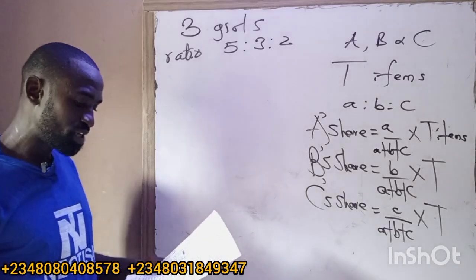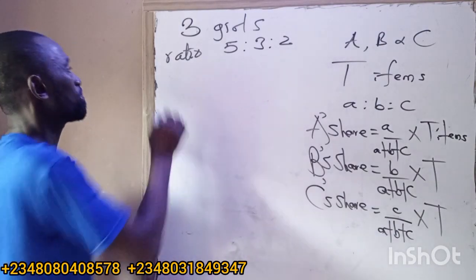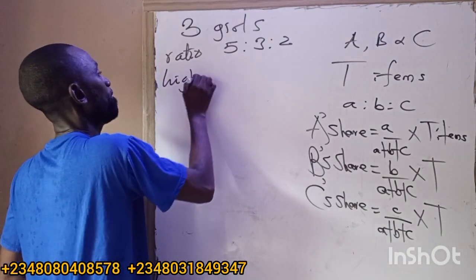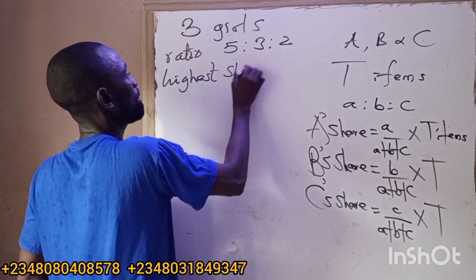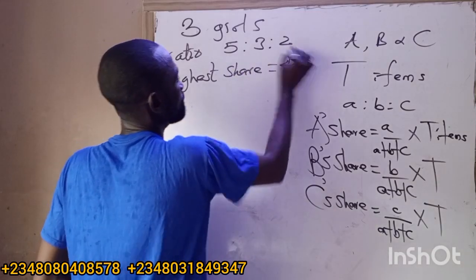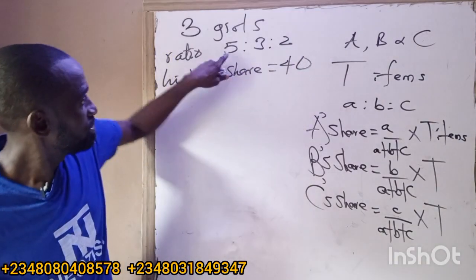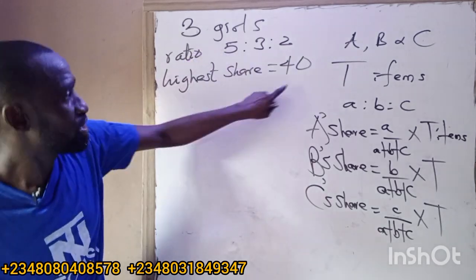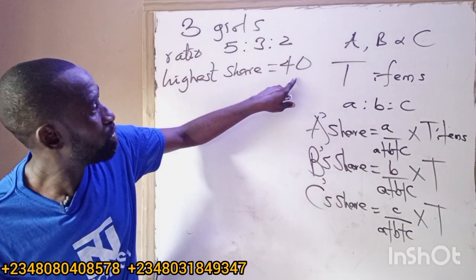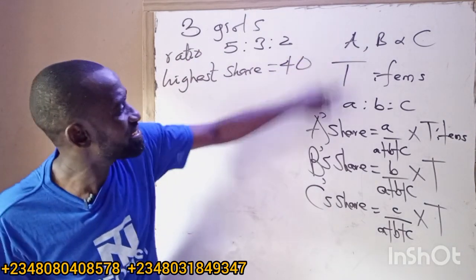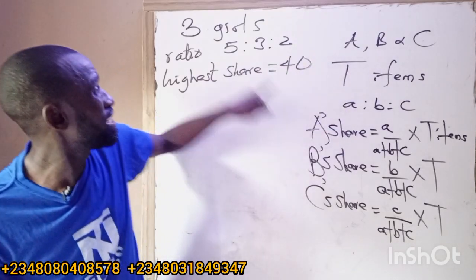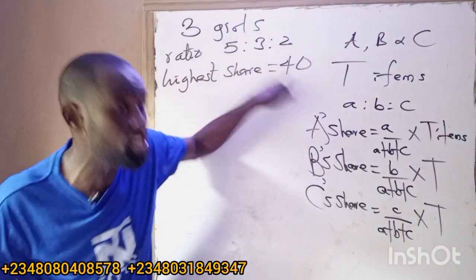Say if the highest share is 40, which one has 40? The one that has ratio 5. I told you that their share is proportional to their ratio, so the highest ratio will have the highest share.